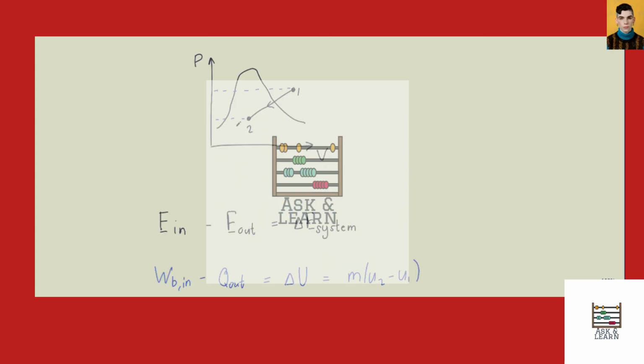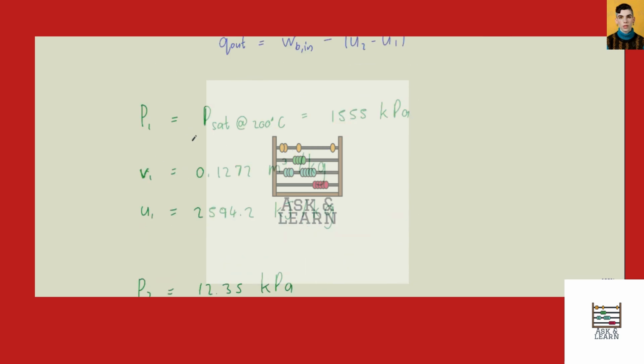Now, if we go back to our PV diagram, we can see that the initial pressure P1 is 1,555 kilopascals, and the final pressure is 12.35 kilopascals. So our initial pressure is higher than our final pressure.